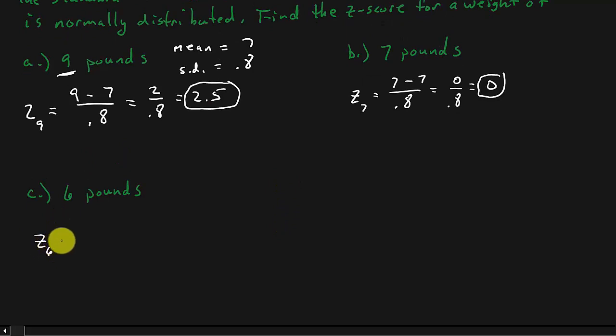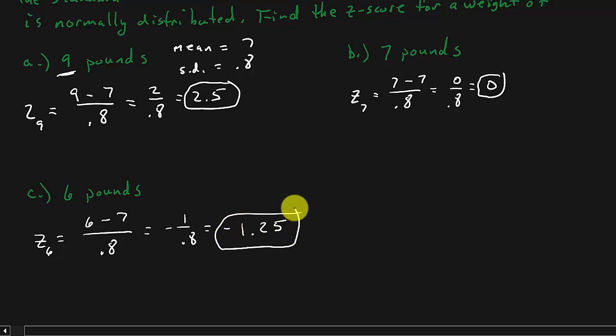So Z6, that's going to be the data item, which is 6, minus the mean, which is 7, over the standard deviation, which is 0.8. And so this is going to be negative 1 over 0.8, which is negative 1.25.